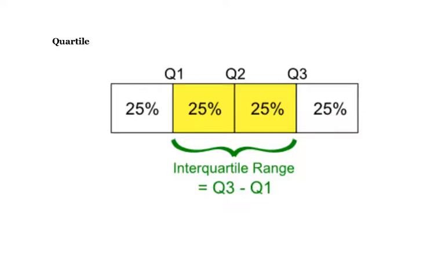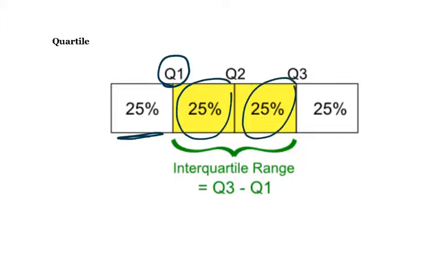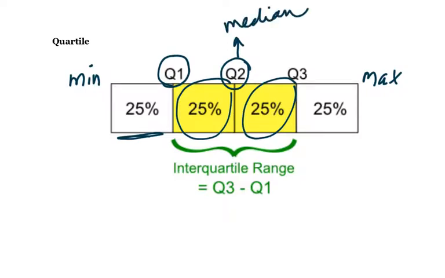So Q1 represents this first quarter, Q2 is this one, Q3 is this one, and Q4. So we call this the max or maximum, and this one is the minimum value. And then the Q2 is actually also our median. Okay, so these are the markers that break up our data set into 4 equal pieces.